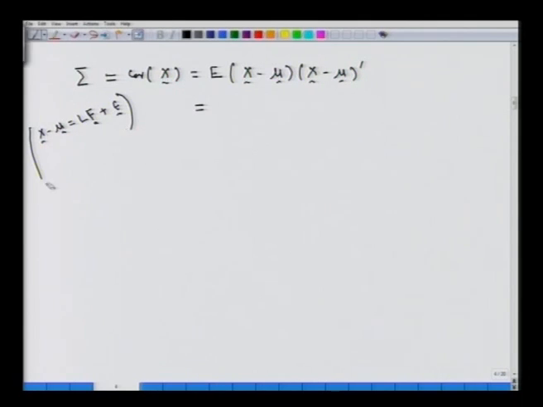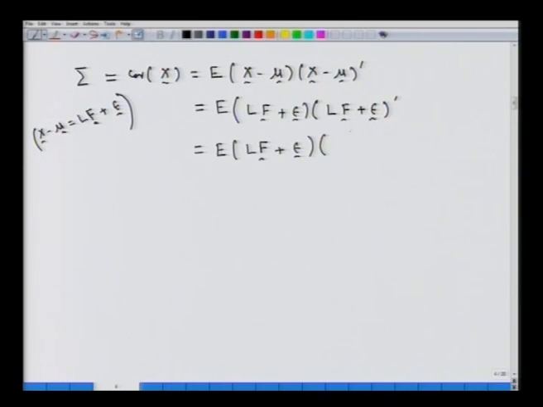So, this is the factor analysis model. Using that, we can write x minus mu as LF plus epsilon, into LF plus epsilon transpose. So, this is equal to the expectation of LF plus epsilon times its transpose, which is F transpose L transpose plus epsilon transpose.